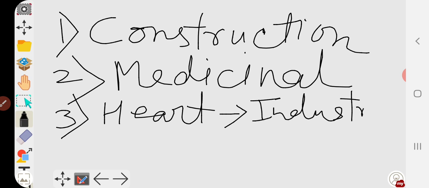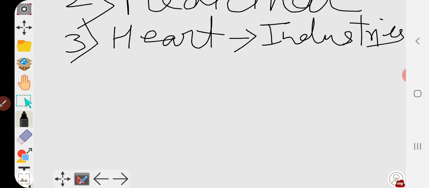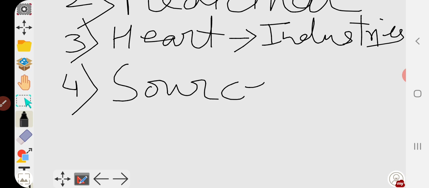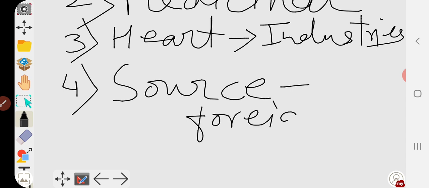Then, a source of foreign exchange. Why? Because when it is considered the heart of industry, the products that we produce we sell in the international market, so it is a source of foreign exchange.